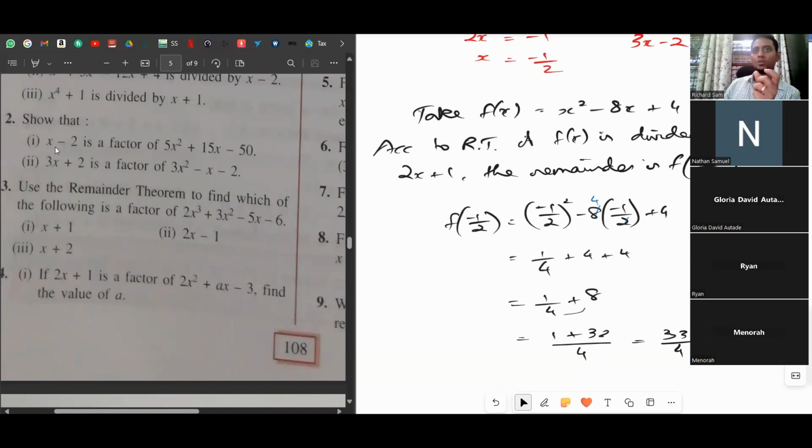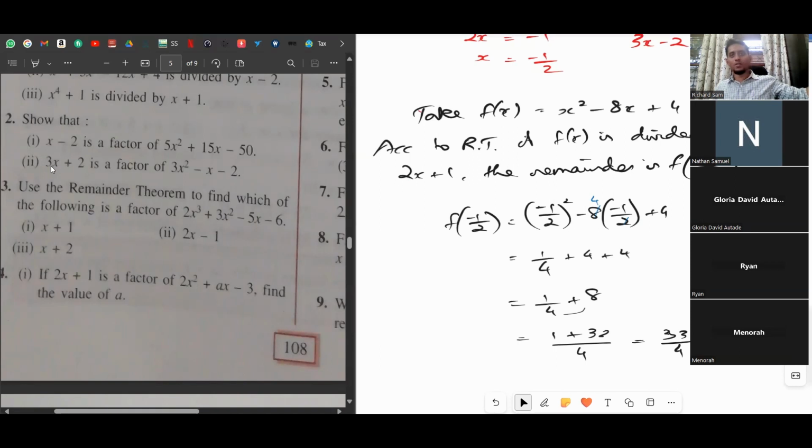So you find f of 2, and if you get 0, what does it mean? It means x minus 2 is a factor. You all getting me? In this previous question, what did we get the remainder as? It's not 0. That means this 2x plus 1 is not a factor. In this question, when you find the remainder, that is f of 2, you will get 0.